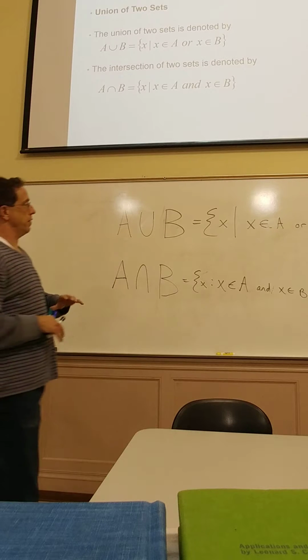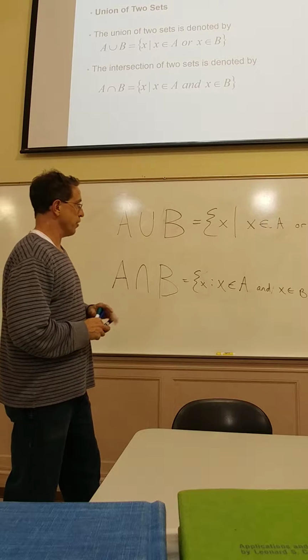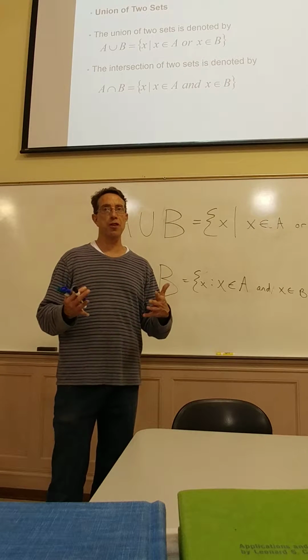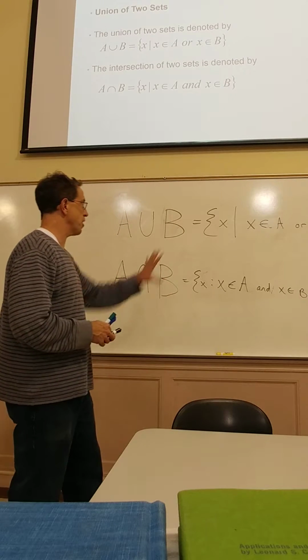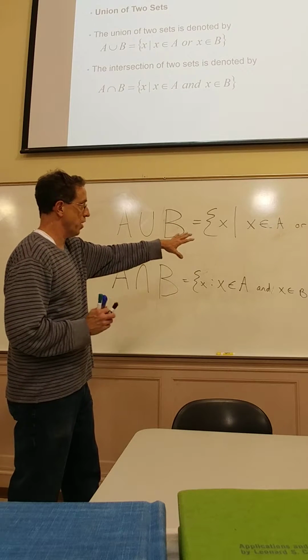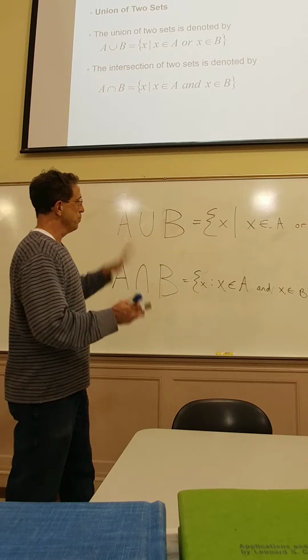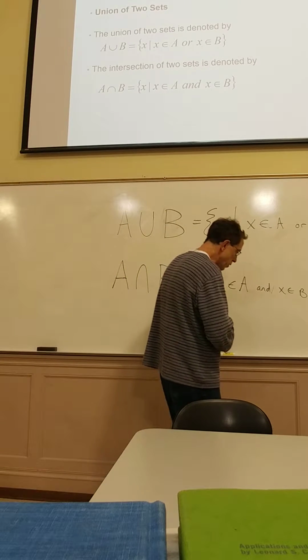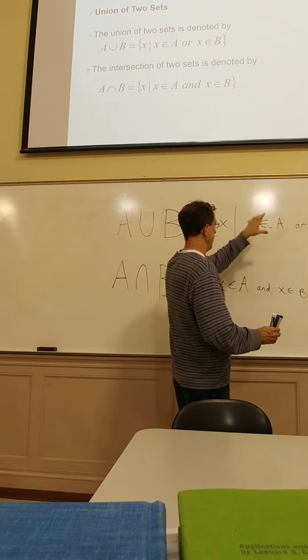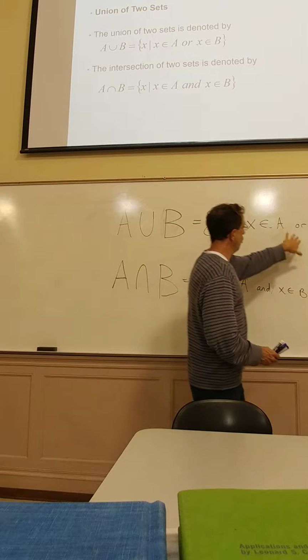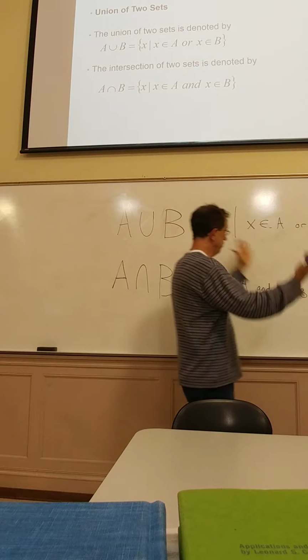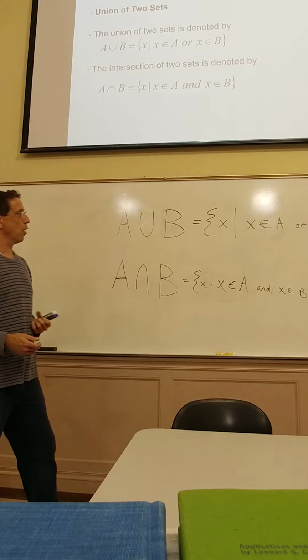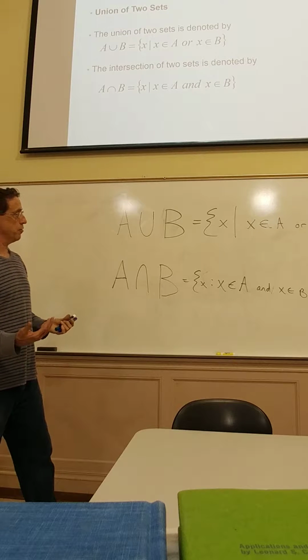I'm getting a little ahead of the game here because in logic we will talk about the difference between or and and. But if I say Friday I'm going to go out to eat or go to the mall, I only have to do one of the two events.